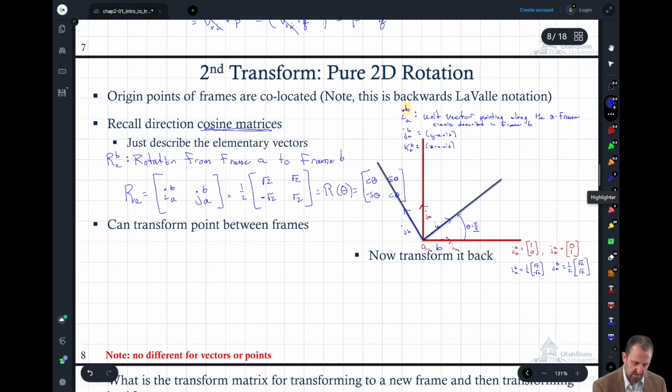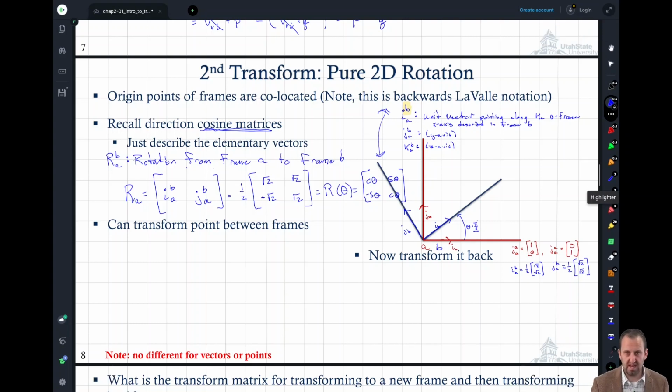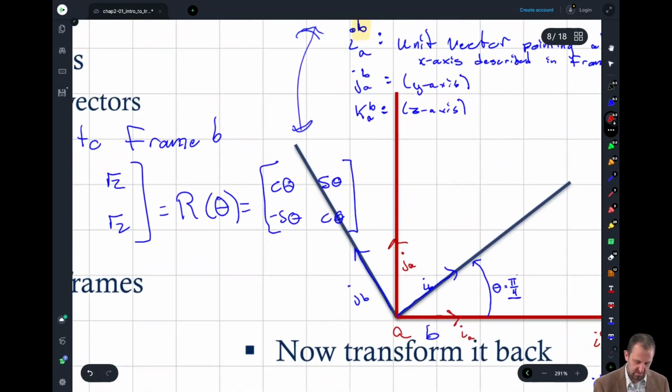Okay, so note that this is actually just backwards from how some other texts, like I put here LaValle in his Planning Algorithms text, define the rotation matrix with the negative in the upper right. So they would have defined it, instead of having the negative down here, it would have been up there.